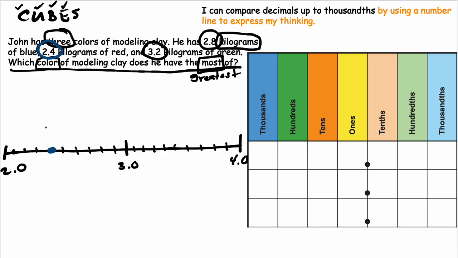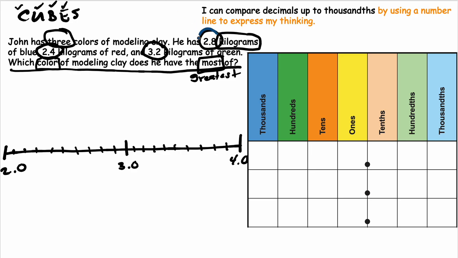So here's the blue clay. Next we have, oops, I'm sorry. Nope, see, I made that mistake. Good catch, right at the beginning. That is not blue. 2 8/10 is the blue. So let me get rid of that and put that back in black for right now.